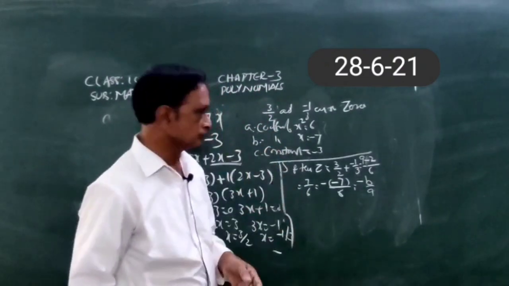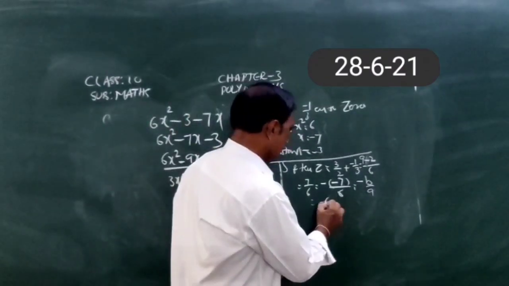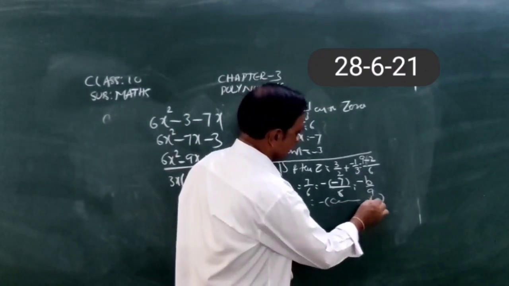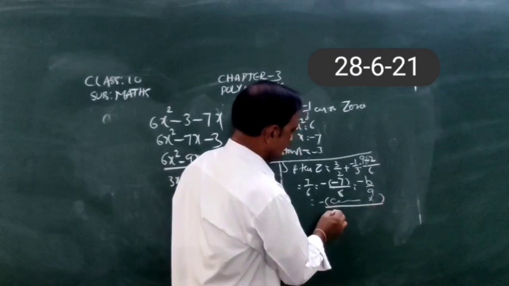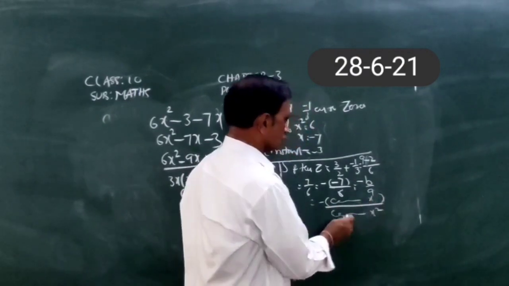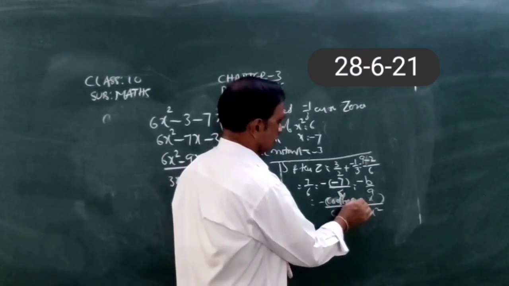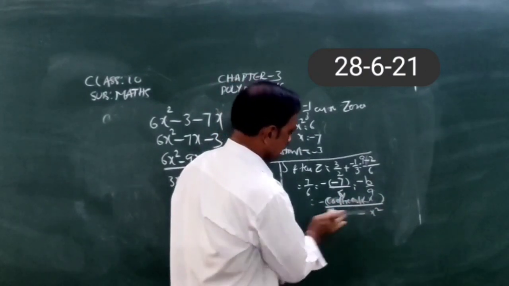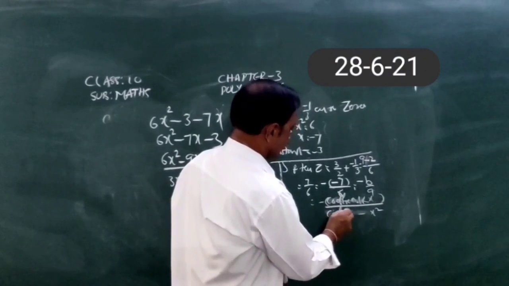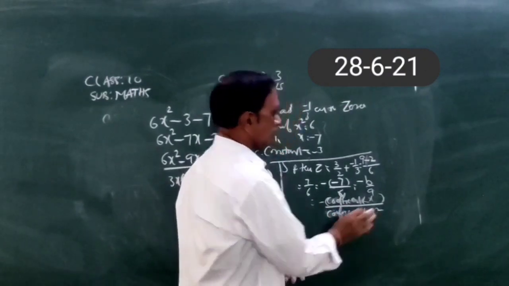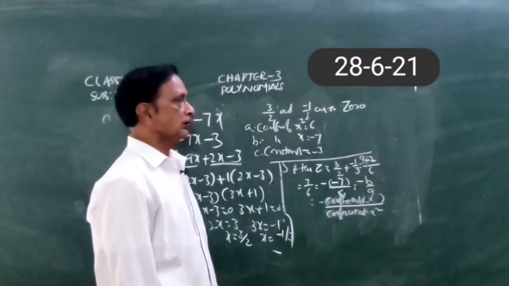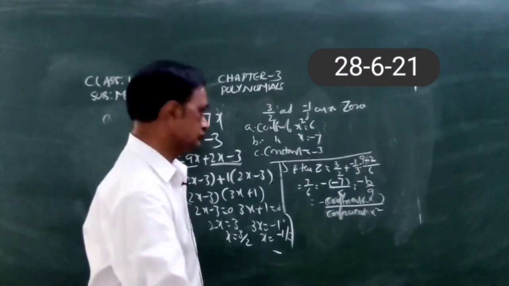That need not be done. So now it is minus coefficient of x by coefficient of x square. Are you able to understand?